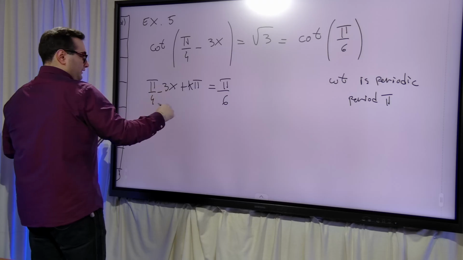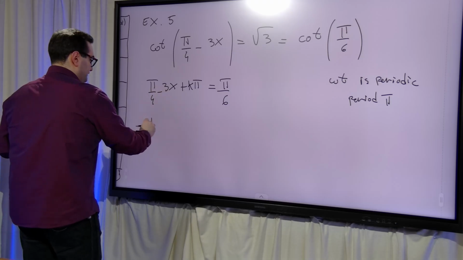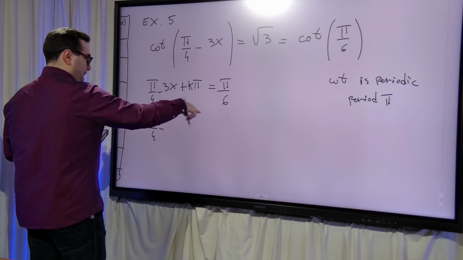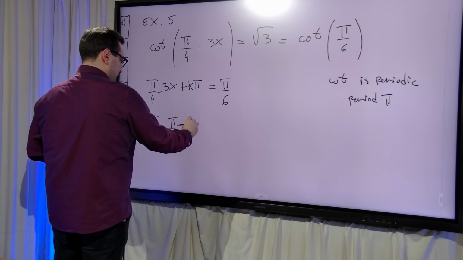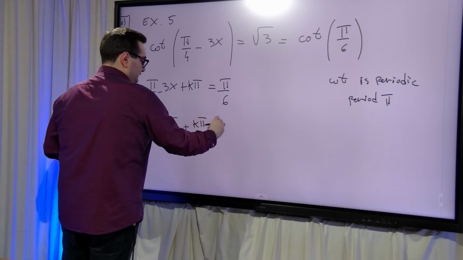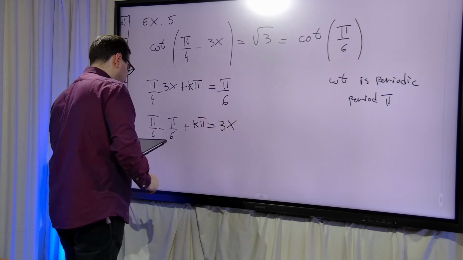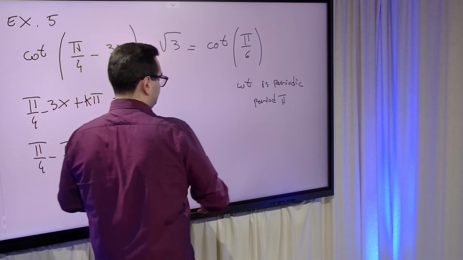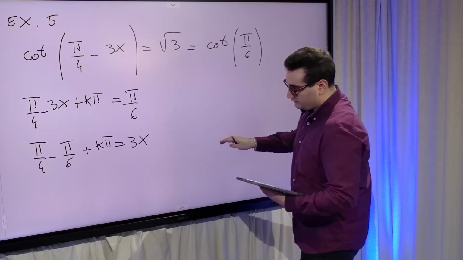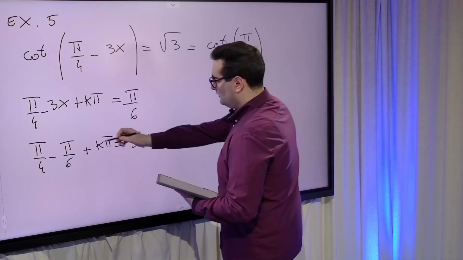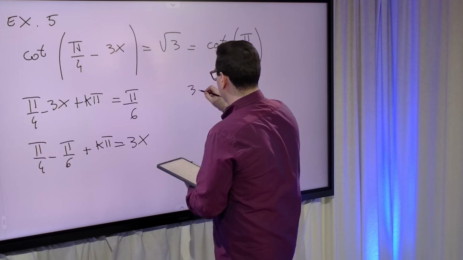So I can do some math here. Pi over 4 minus pi over 6 plus k pi is equal to 3 times x. I'm going to write it here. So from this one, I can compute it, some math here.